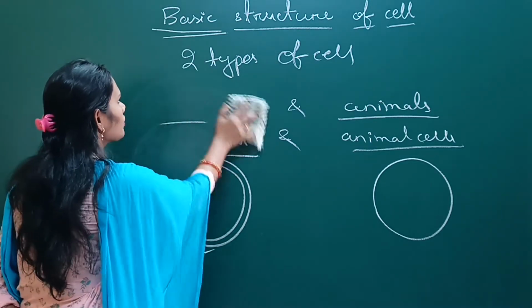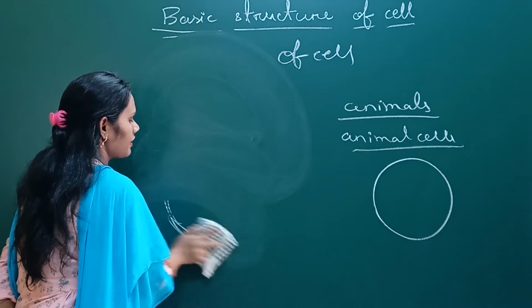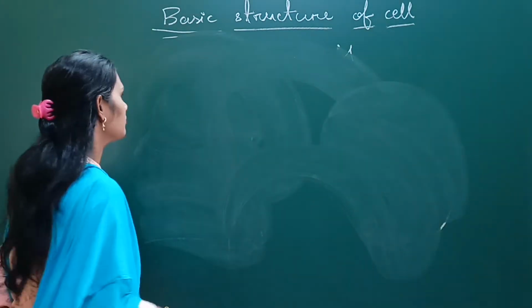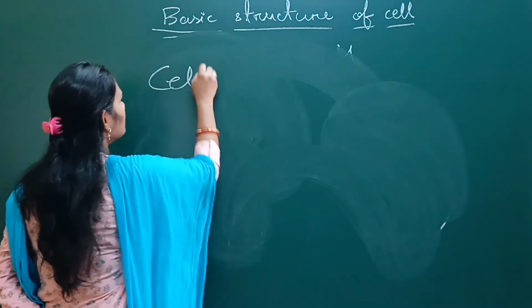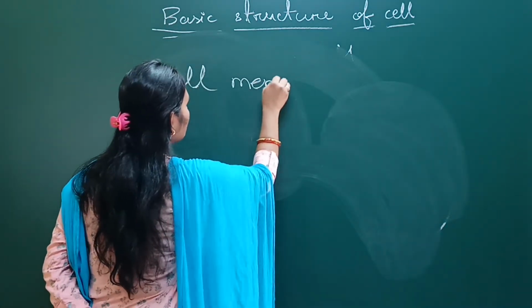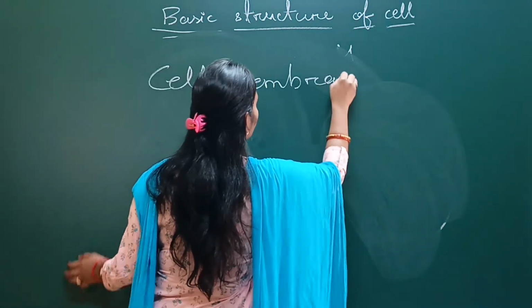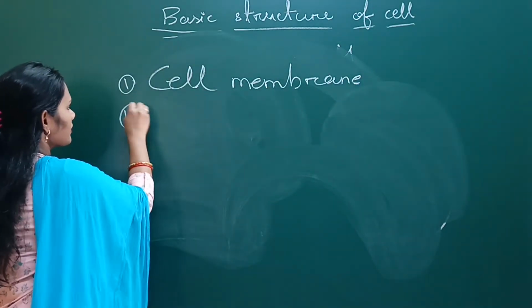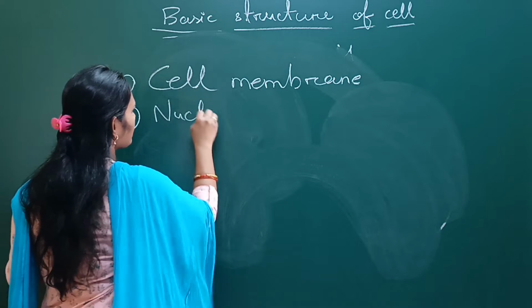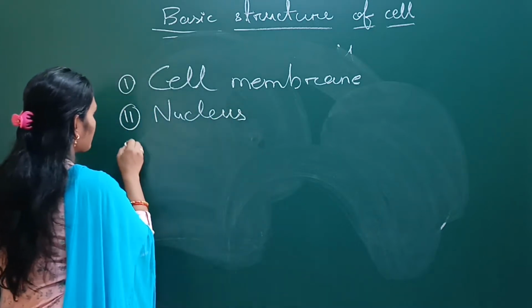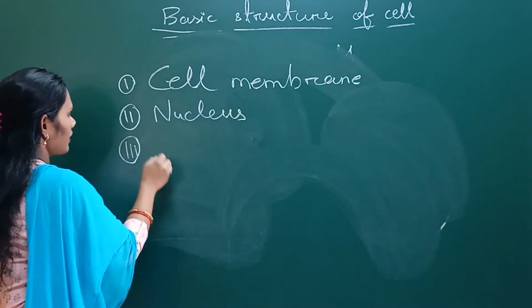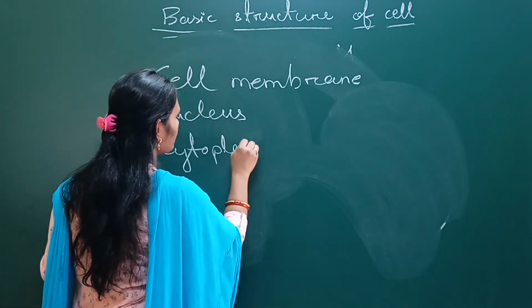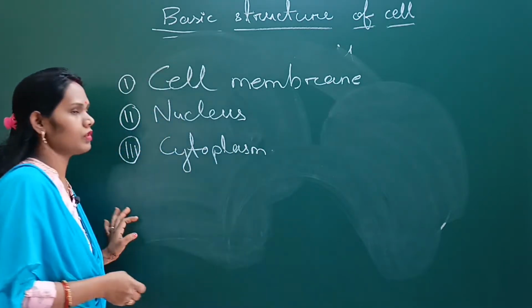So the basic structure of a cell is, first of all, the cell membrane, second, the nucleus, and third, the cytoplasm.